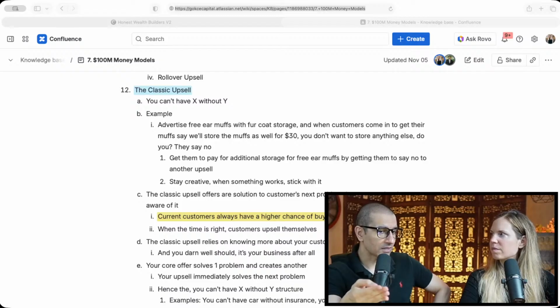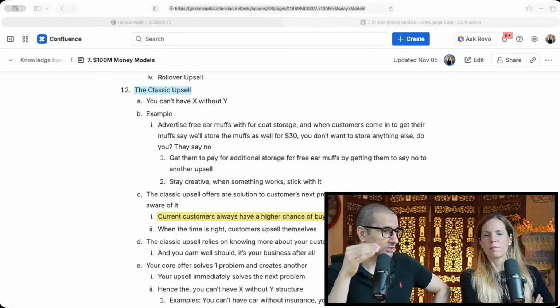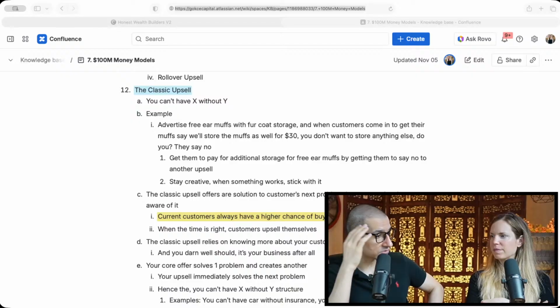On this upsell, it needs to be a value add that you inherently are providing for a problem that only you can solve. When you rent a car from Budget, only they can provide the ski rack that fits on that car. You're not going to go to a random ski rack place and rent it for 2 days.